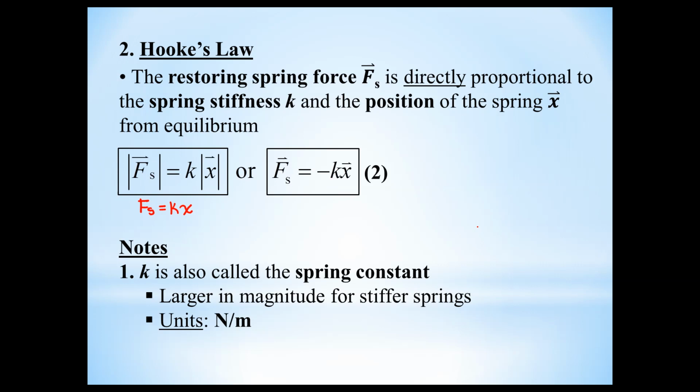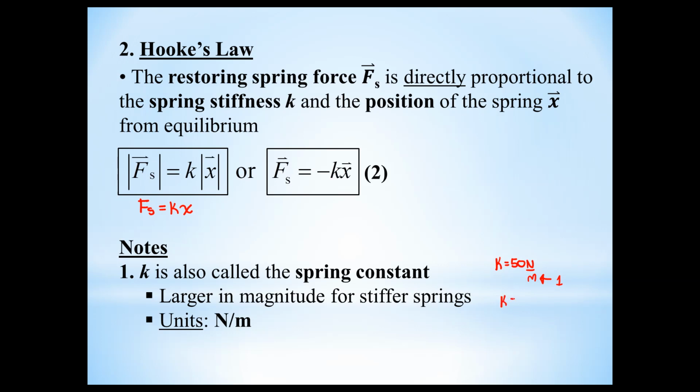So for example, if I had a spring stiffness that was K is equal to 50 newtons per meter, the way I would think about this to try to visualize what the force looks like or how it's behaving would be if you took the spring and stretched it by 1 meter, then at that position your object would experience a restoring spring force of 50 newtons.